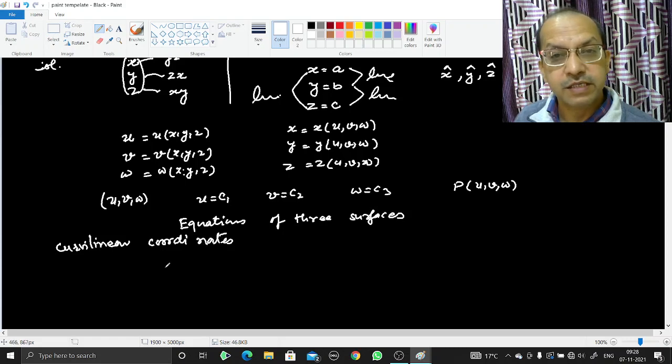Now the unit vectors are defined by the tangents to these curves. So u cap, v cap, and w cap are the tangent vectors at these curves. Now if these three curves are meeting at point P and are perpendicular, this will be called an orthogonal coordinate system.